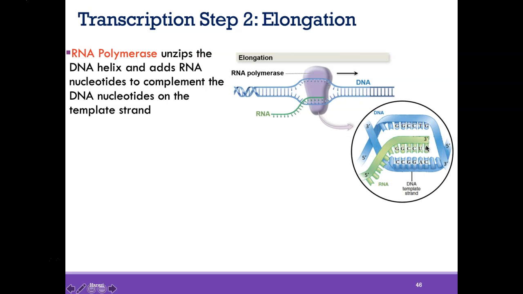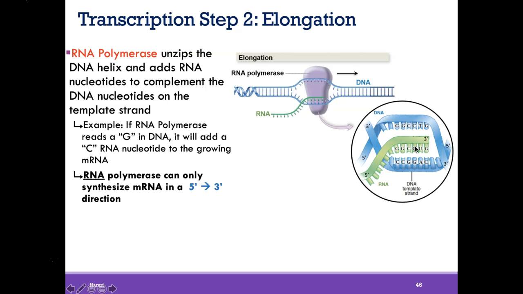Because C goes with G. If it sees an A in DNA, it's going to put a U of RNA. Remember, there's no such thing as T in RNA. There's U instead of T. If there's a G in the DNA, RNA polymerase will put a C, right? G with C. So you have to understand the base pairing rules to do transcription, right?